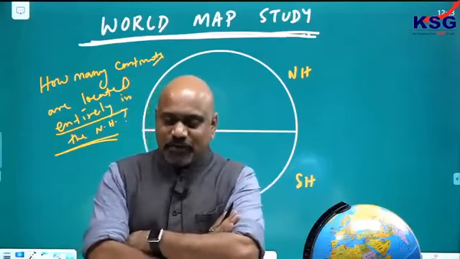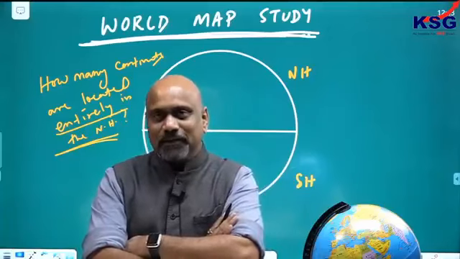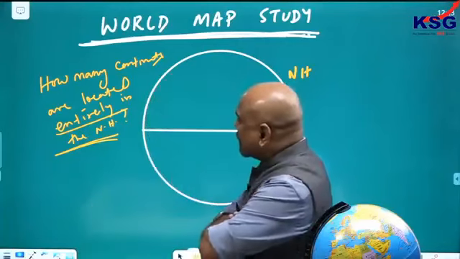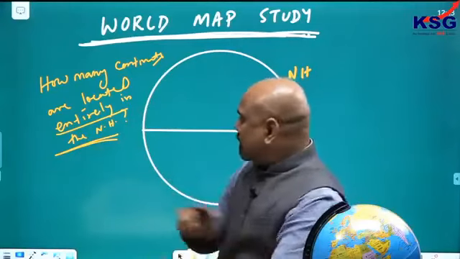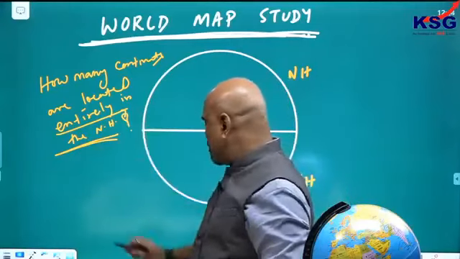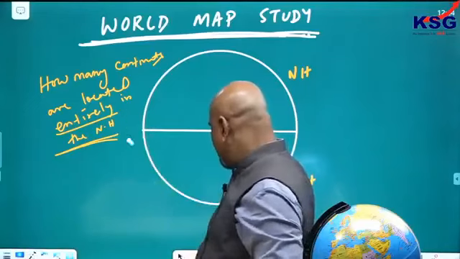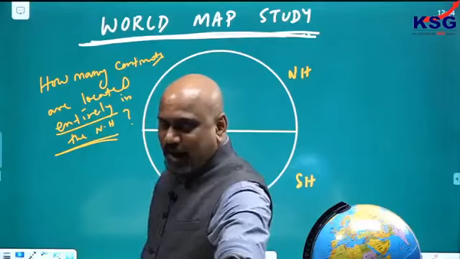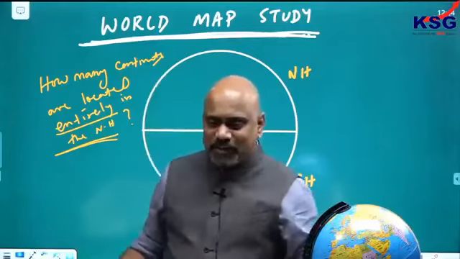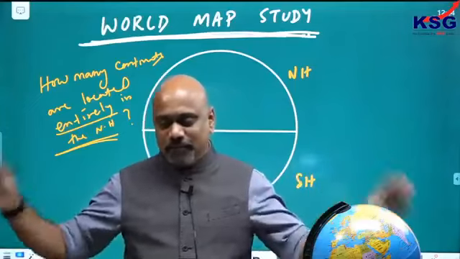Have you understood the question here? How many continents are located entirely in the northern hemisphere? My question is very simple. Out of these, how many continents are entirely in the northern hemisphere? I know it is a very simple question, but I have seen in many cases, even in the Delhi center, I am finding people there, all of them like you, saying 4, 5.